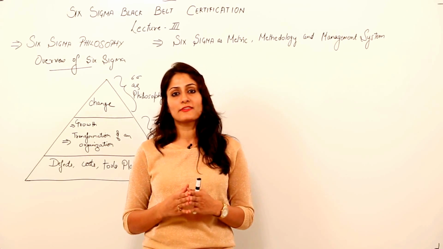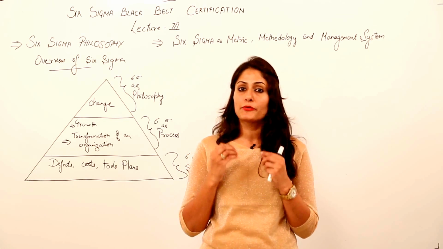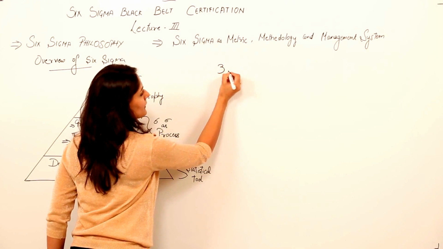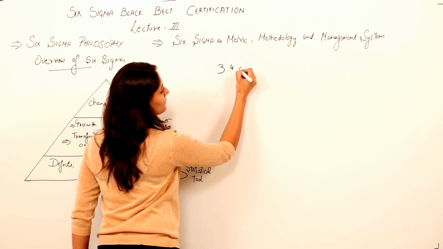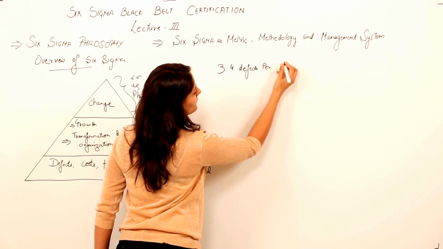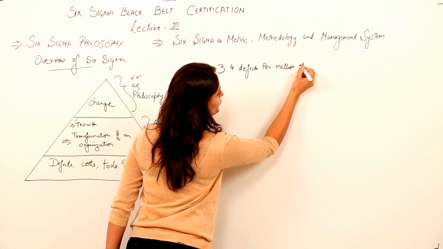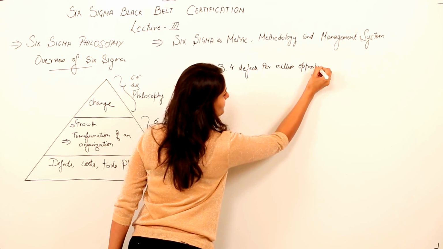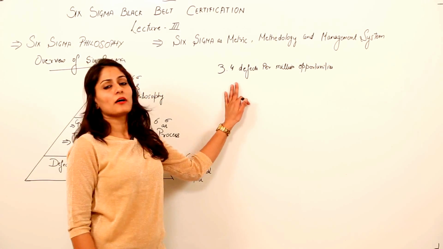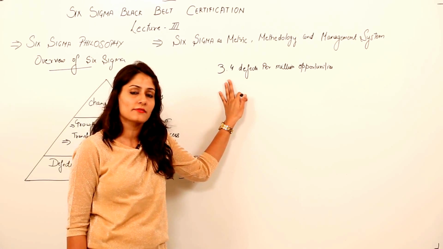So with use of Six Sigma, we try to bring down the defects and errors in our products and services to a number which is 3.4 defects per million opportunities. So with use of Six Sigma, we try to achieve this number, and this is considered world class.